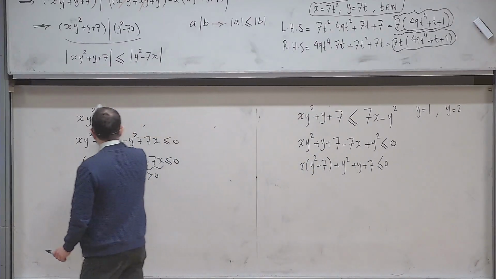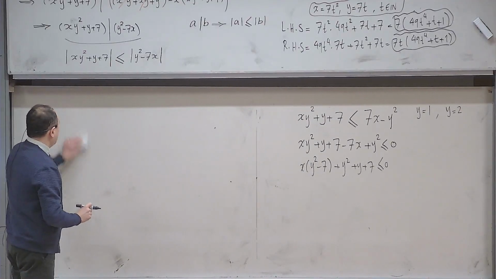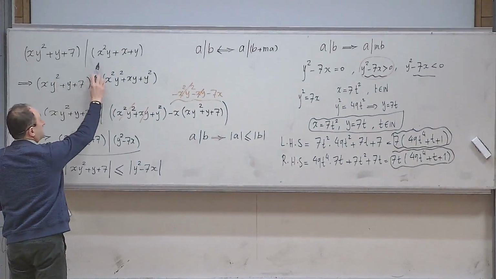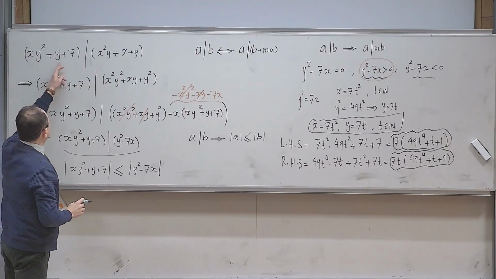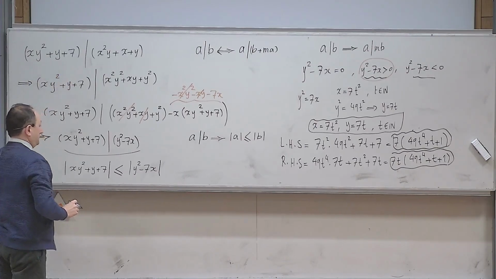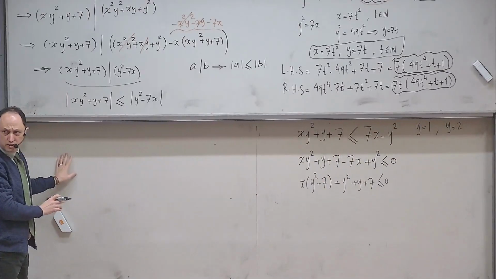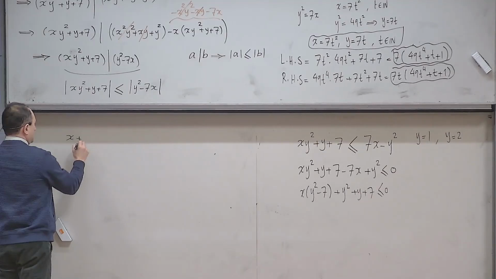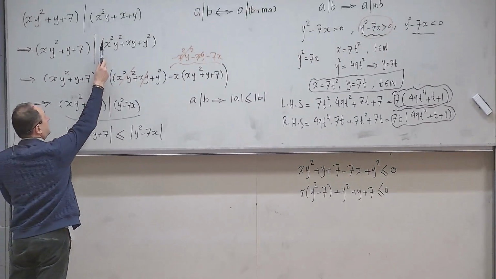So let me clean this. That was my original problem. This is my original problem, but now I am considering y to be 1. So everywhere instead of y, I put 1. So this becomes x plus 8 divides, and then again, instead of y, I put 1.